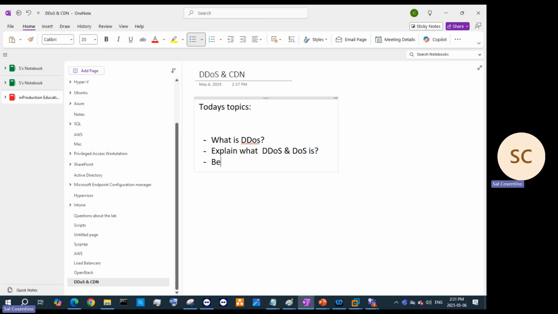We'll talk about CDN and some common architectures that can be used in your environments. We're talking about lab environments.